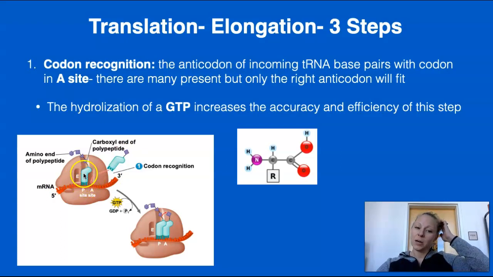And we know that our tRNA is already in that P site, and then an incoming tRNA is going to come into the A site, and only the right codon will fit. And what's going to happen is a GTP is going to hydrolyze, and it's going to increase the accuracy and efficiency of this step.